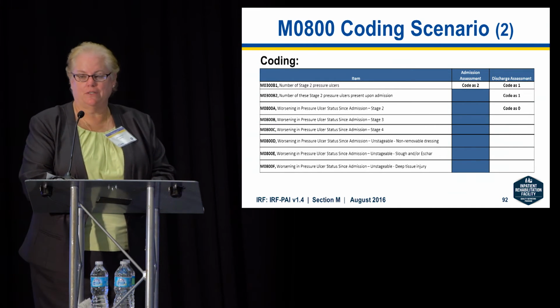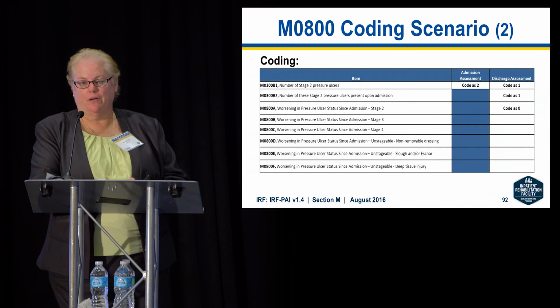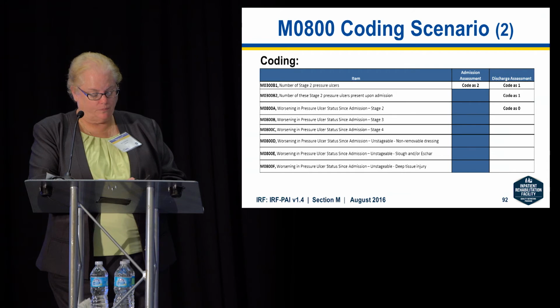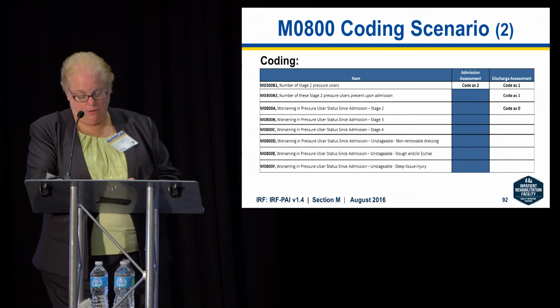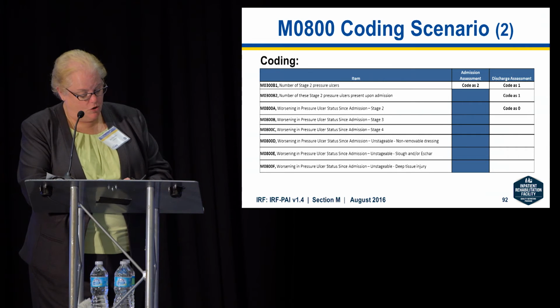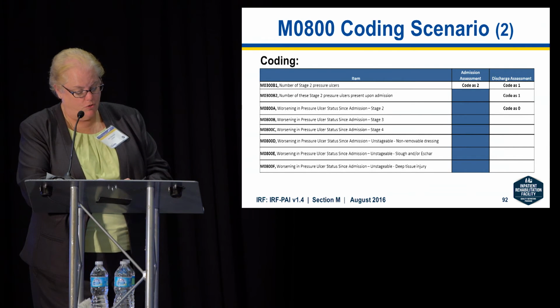So do you agree with the 0? We're going to talk through the rationale, but in that situation we did not have any new stage 2 pressure ulcers. We do have 1 pressure ulcer that went from a stage 2 to what? An unstageable. All right, so for worsening in pressure ulcer status since admission or new, stage 3?